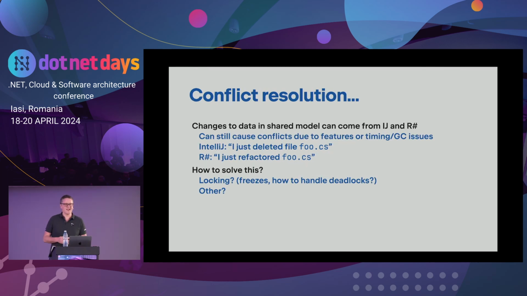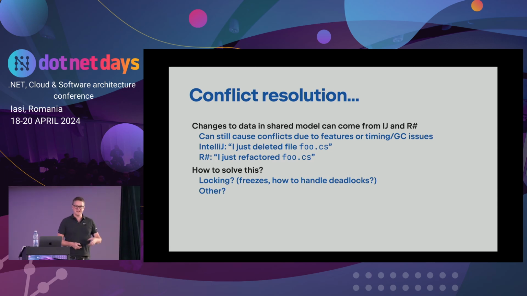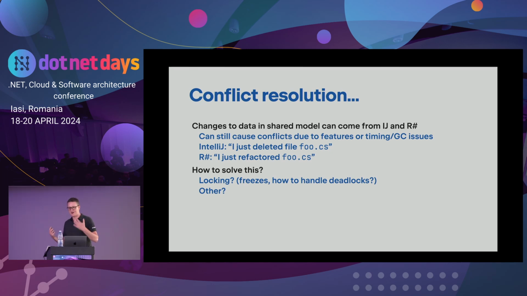Again, a hurdle. Changes to the data in that shared model can come from IntelliJ and ReSharper. Anyone who was in Daniel's talk before has seen that memory management and race conditions and garbage collection and all of that can maybe potentially slow down your process.